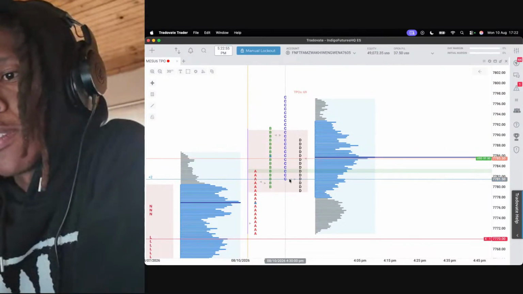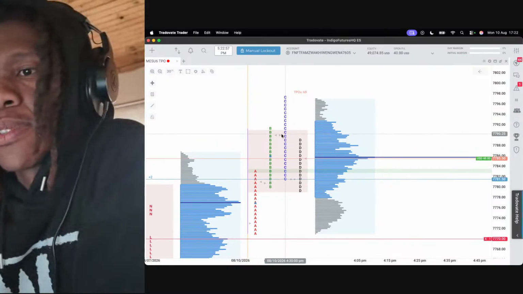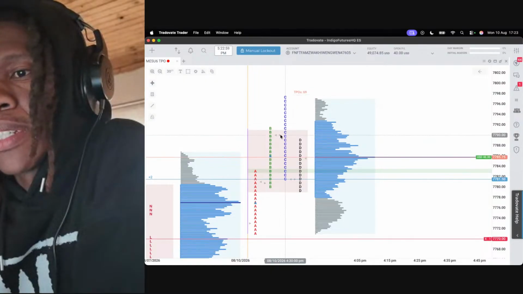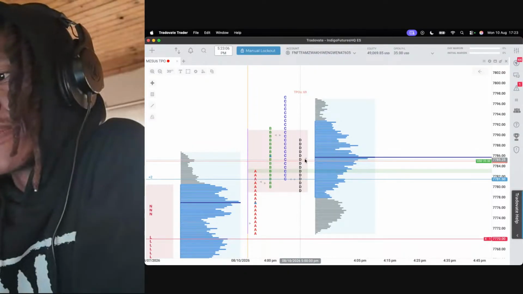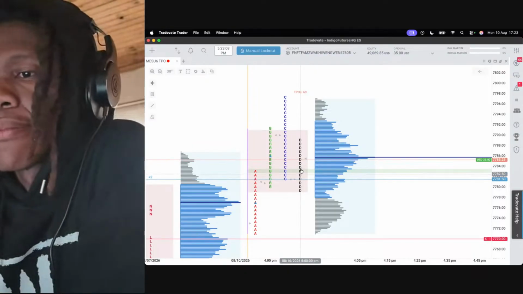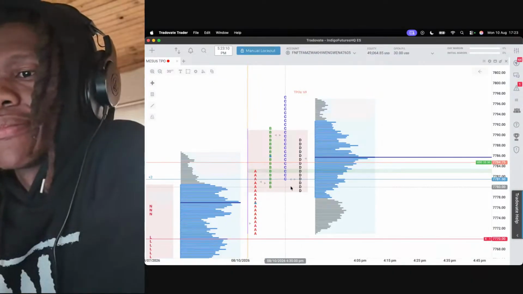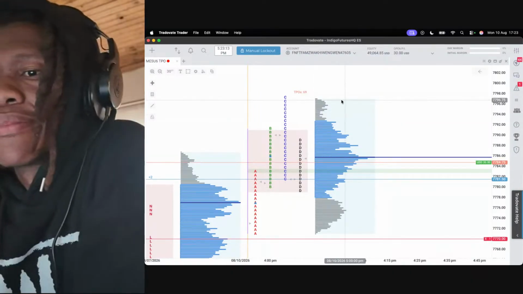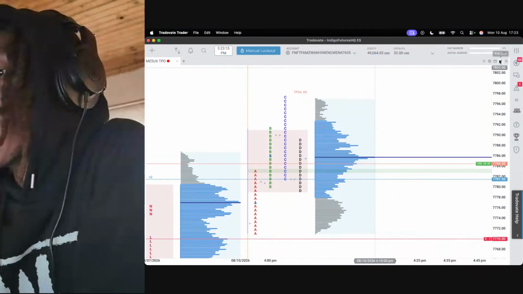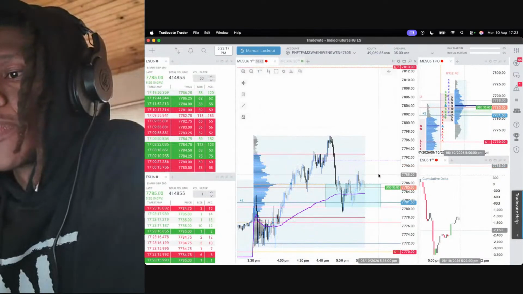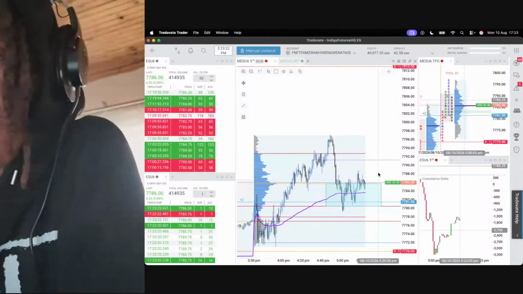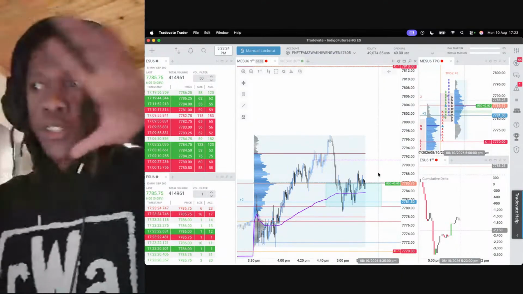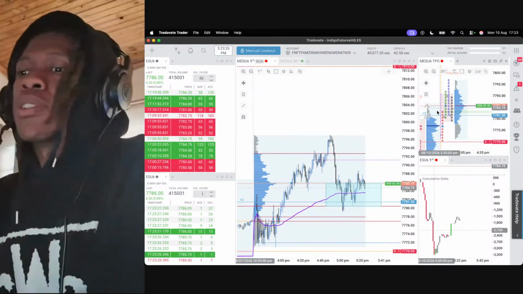So we opened here, printed there, came back, closed here. Opened here. This is where price is at now. So that's your high time frame. If you're really thirsty to see what the macro looks like, that's what the macro looks like.